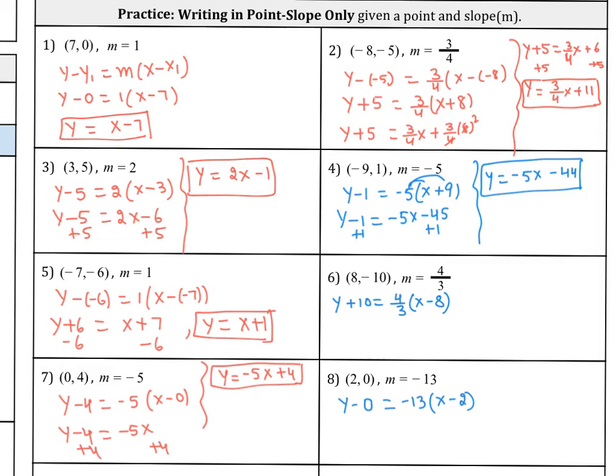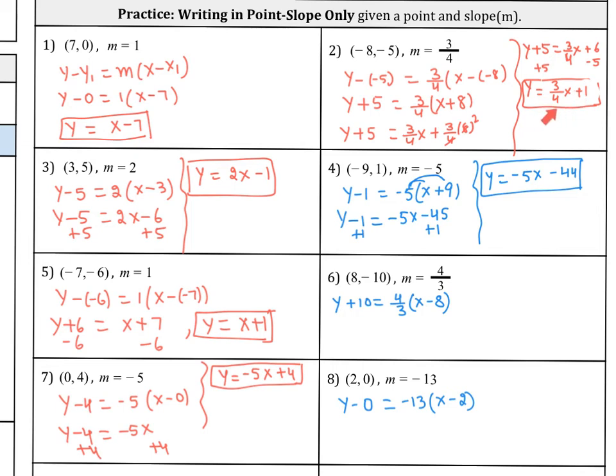I went ahead and distributed this 3 over 4 inside, and then this is 3 over 4 x plus 3 times 4 times 8. 8 divided by 4 is 2, so this is going to be 6. Then subtract 5 on both sides. You're going to get 6 minus 5 is 1.